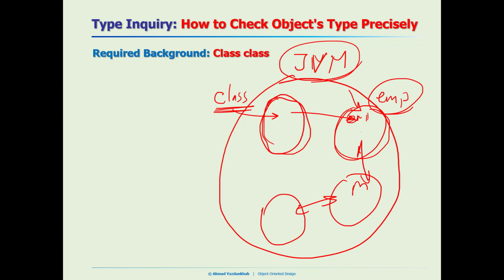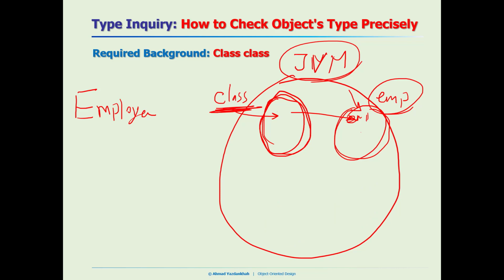So for every class like employee, only one class object will be created. Let me show you this way. So this is employee, let's call it employee 1. It was created from this employee class.